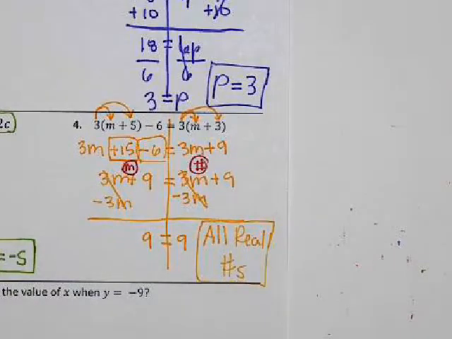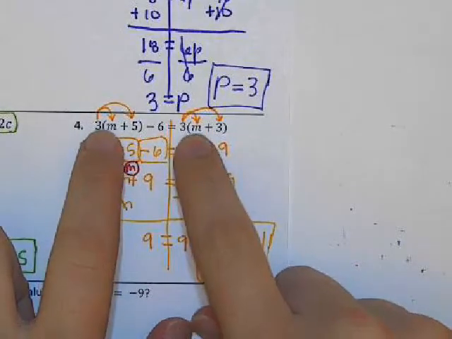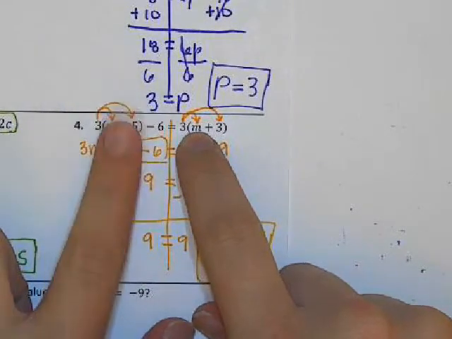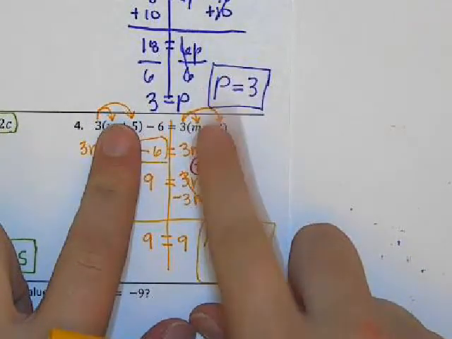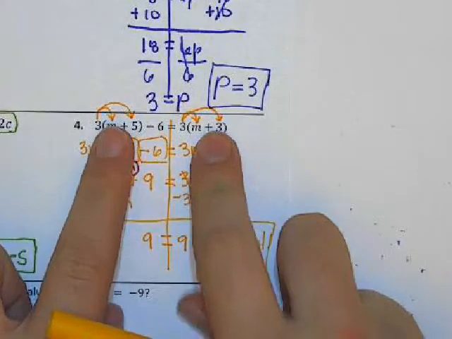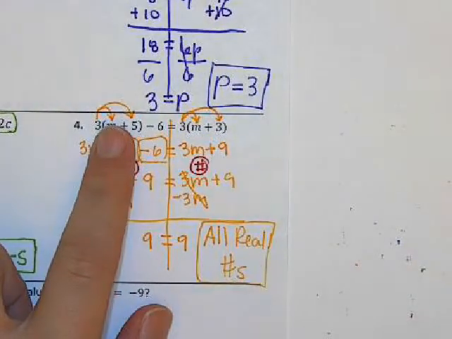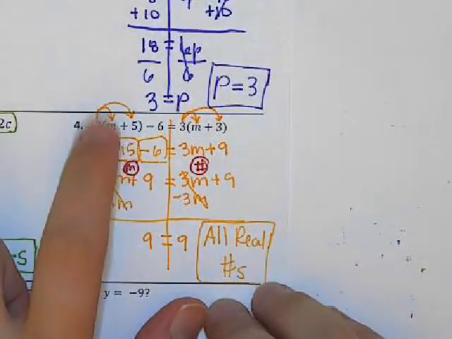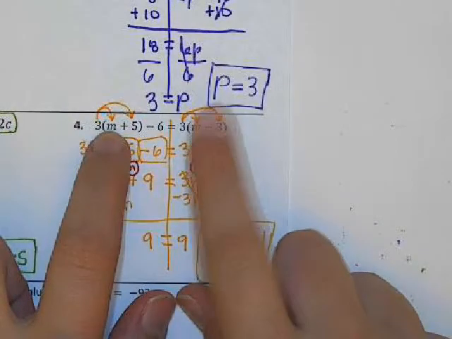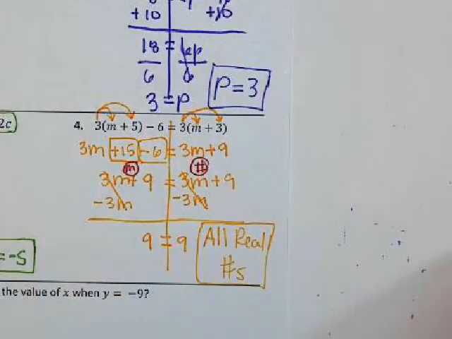I could choose 21, and if I plug in 21 on each side for m, this side equals this side. I could plug in negative 150 for m, and this side would equal this side. Any number I plugged in would work.